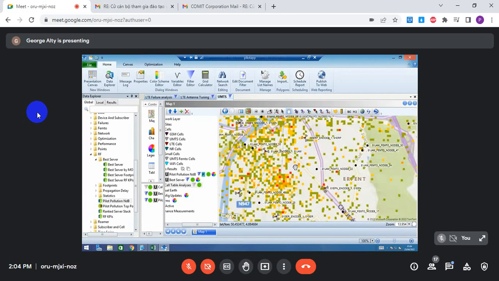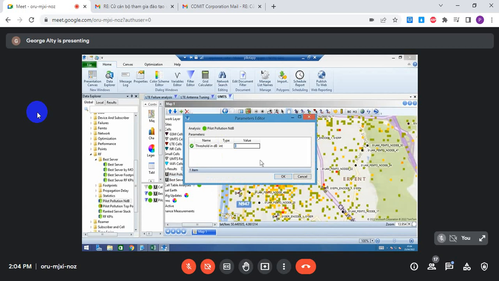What else can we do from this? We can make a selected area and look at cell footprints. Yeah, sorry, just to quickly go on with the pilot pollution here, you can see where that value in the bin is with the polluter is greater than the best server minus n. So that's the threshold of 3 dB that you set there. By clicking on P, if you need to change that threshold, you can.